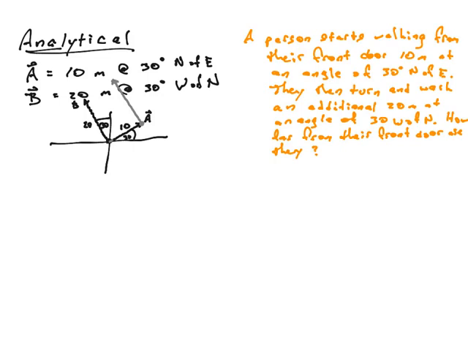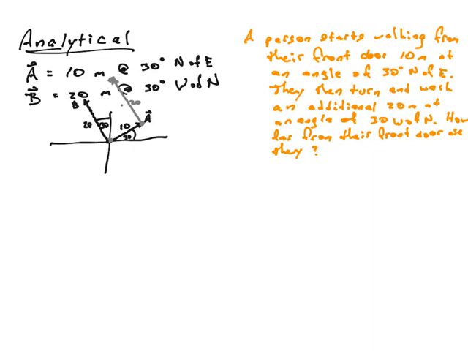They go 10 meters at this angle, and then 20 meters at this other angle. And they end up right there. And I want to know how far from the origin, how far from their front door, is that location. Okay? So again, you can see we're adding two vectors together to answer this question. But I don't want to do this graphically. I want to do this analytically.